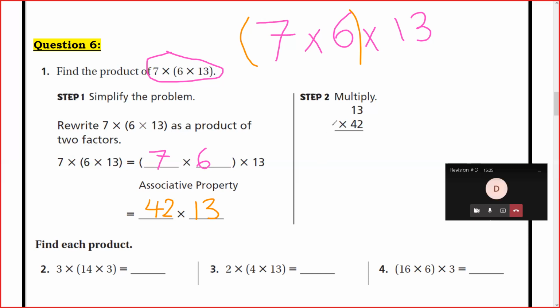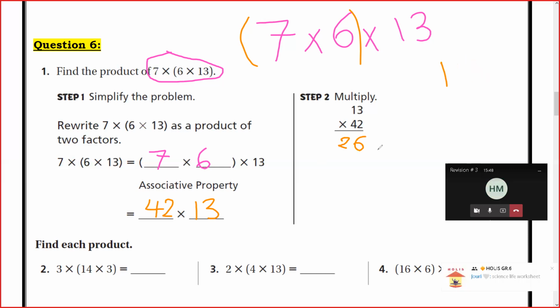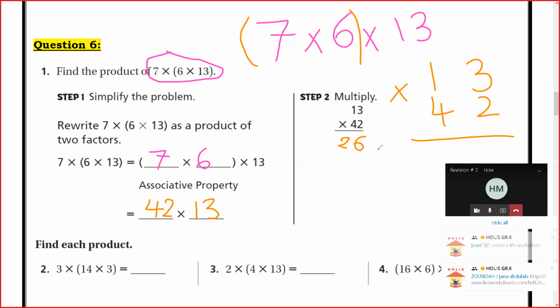Yes, already finished. 2 times 3, 6. 2 times 1, 2. Then I will remind you now how you will multiply 13 and 42.